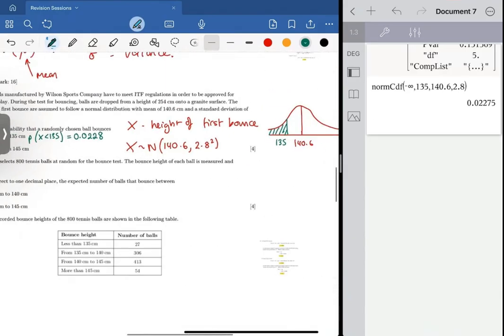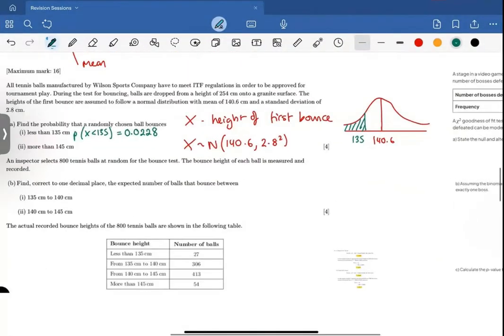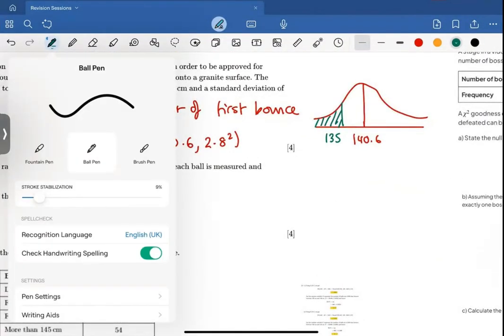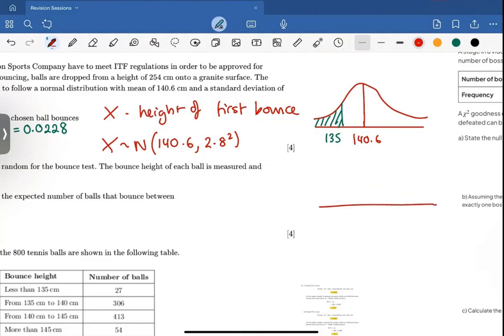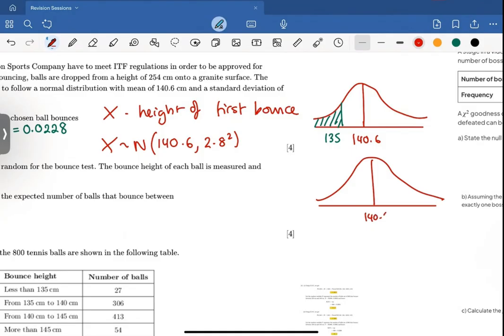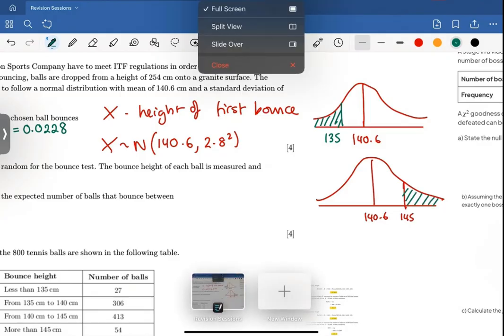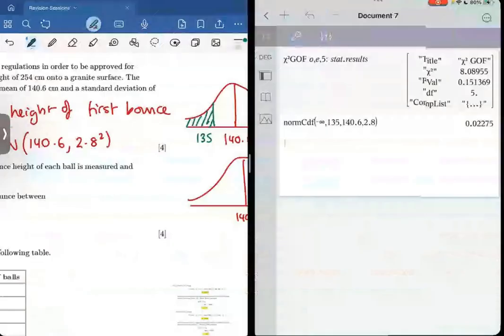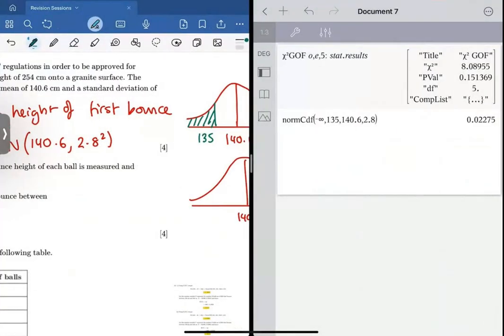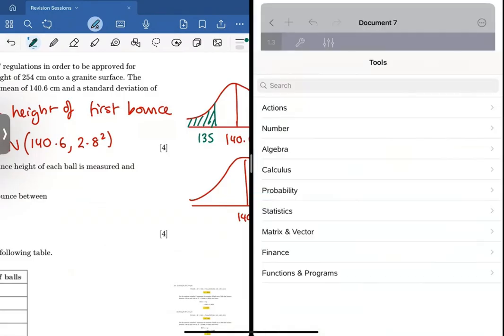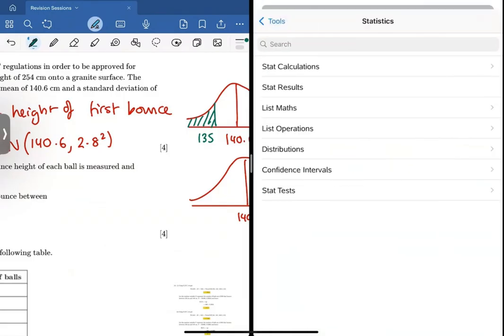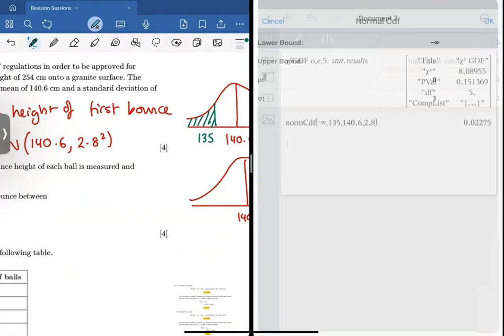Okay, so let's do another little sketch here. So more than 145 is going to look something like this. Same sketch to begin with, 140.6. What's the probability of it being more than 145? Well, we want to know what this area is this time. So similar thing to before. Bring my calculator back up, statistics, distributions, normal CDF.